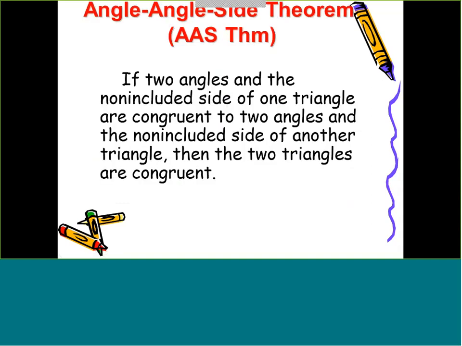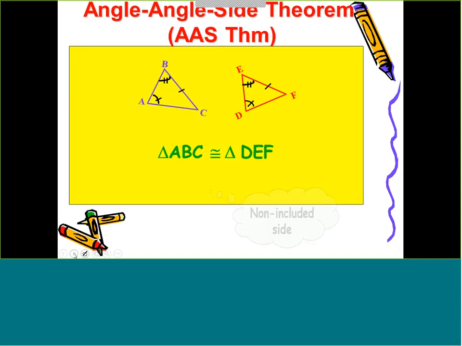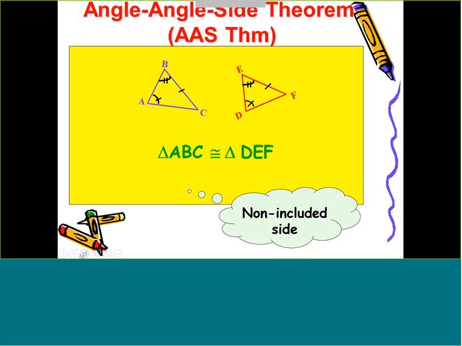But now the angle, angle, side theorem. For that one, if two angles and the non-included side of one triangle are congruent to two angles and the non-included side of the other triangle, then the two triangles are congruent. So if I have angle A and angle B, the non-included side would either be BC or it would be AC.